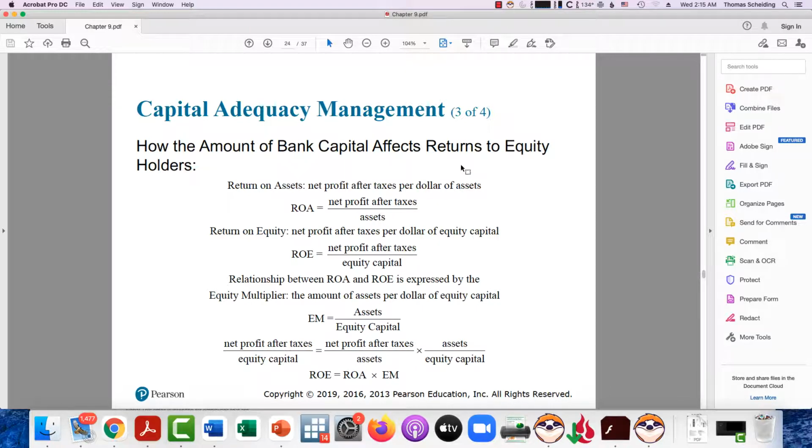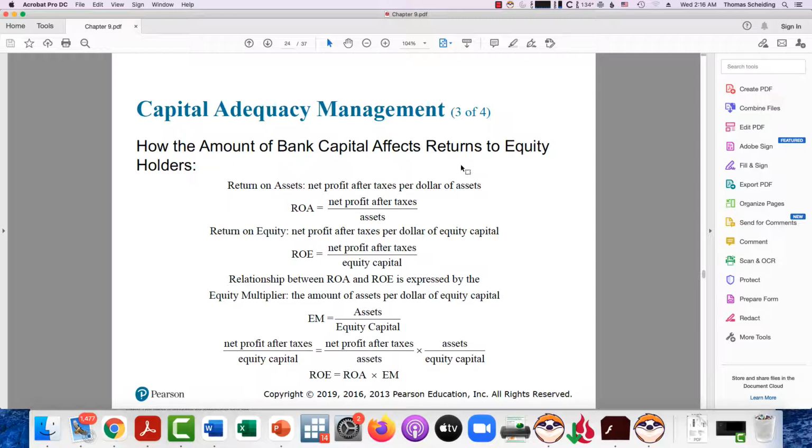And we can see that here, where then we want to calculate the return on assets and the return on equity, ROA and ROE. And when you look at investing in bank stocks, you automatically look at these numbers in addition to looking at the net interest margin, NIM. The return on assets is going to be the ratio of my net profit after taxes to my assets.